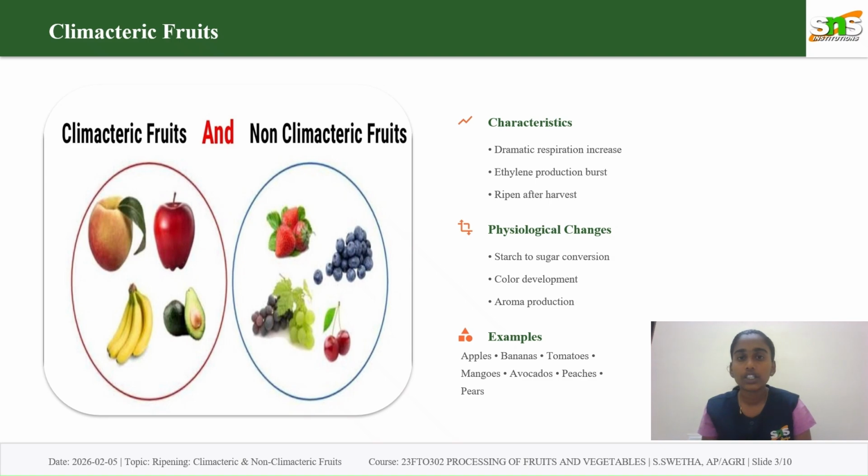Color development, flavor development, structure development, and aroma production are also very important. For example, apple, banana, tomato, and mango are climatic fruits, which we can get only during the particular climate.